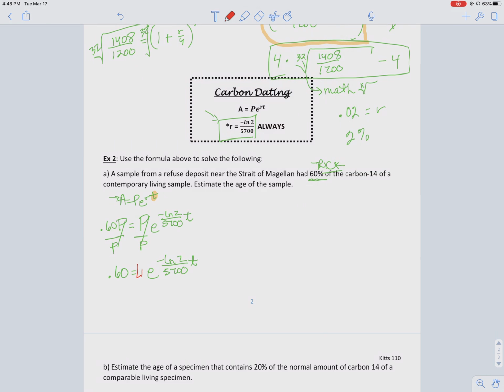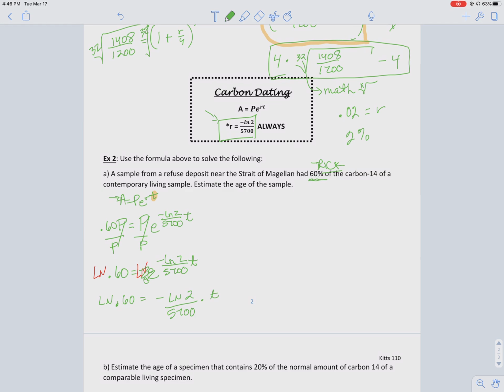Since we have an e, we're going to take the natural log of both sides. So we'll now have the natural log of 0.60 equals, remember the natural log is the log base e of e to whatever, that's going to cancel out. So we just wind up with negative natural log of 2 over 5,700 times t.